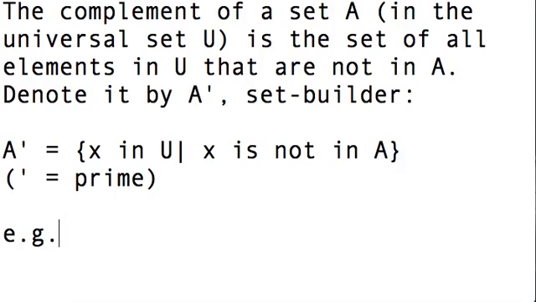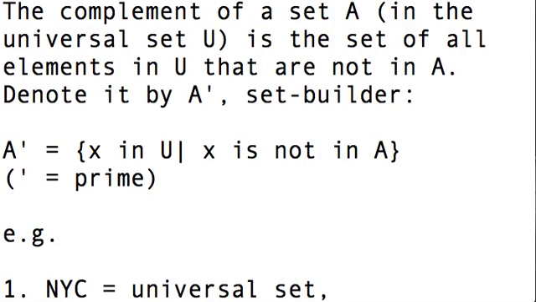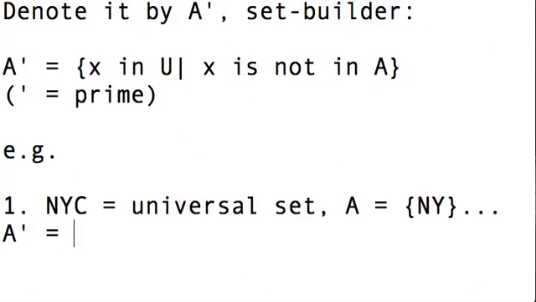Let's do a few quick examples. Again, NYC is the boroughs of New York City, and this will be my universal set. Let me consider the set A, which is just New York County. Then A prime is the outer boroughs: Bronx, Kings, Queens, and Richmond.